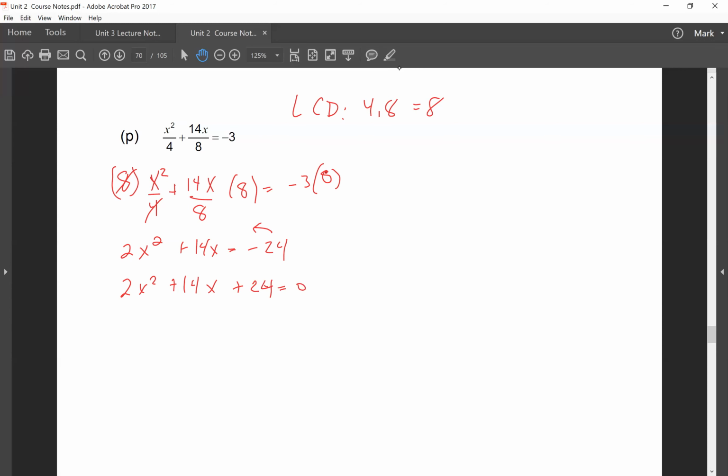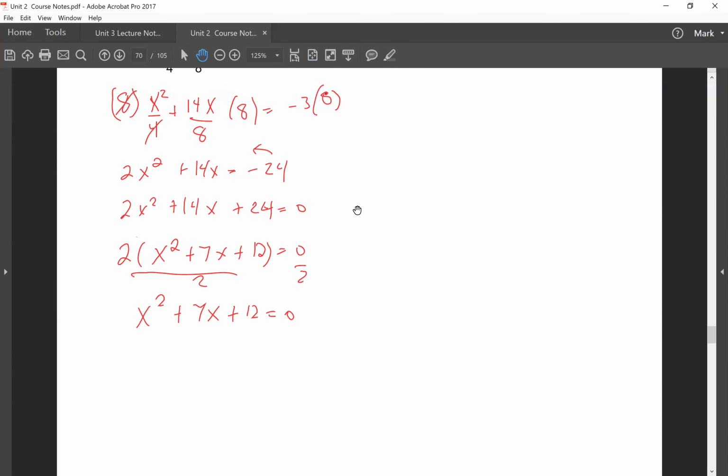Now, before I even do this, I notice I can remove a 2 from everything here. So x squared plus 7x plus 12 equals 0 after dividing both sides by 2.